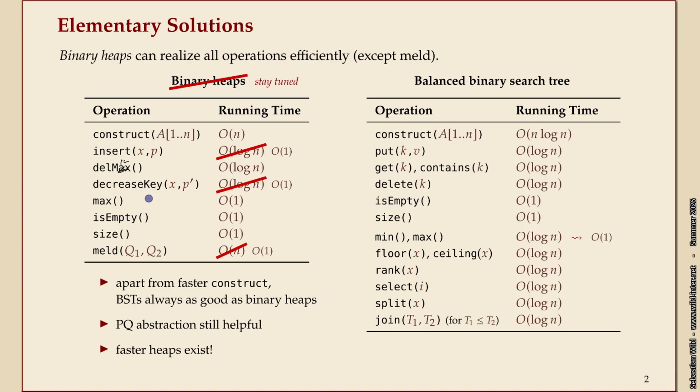You can take a priority queue, insert n elements, get them out in sorted order. So that process in total has to cost n log n time or comparisons. And maybe you can make some of these operations faster, but then at the expense of another. You can't all have them sublogarithmic. And the typical choice is that delete min is logarithmic and the others may be even constant.